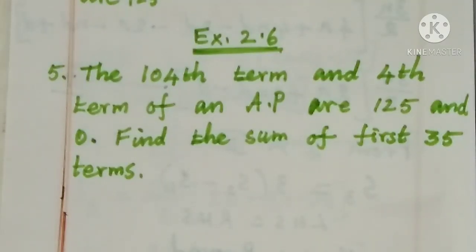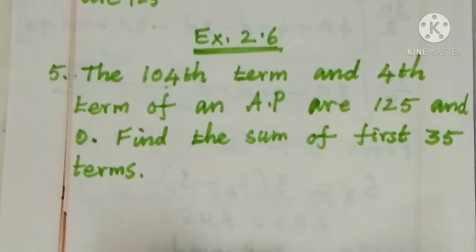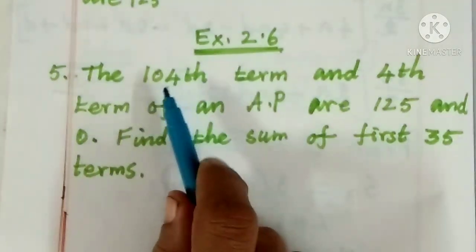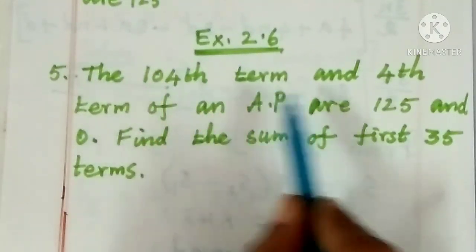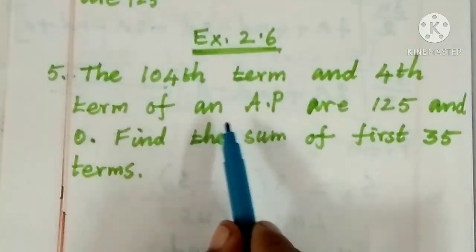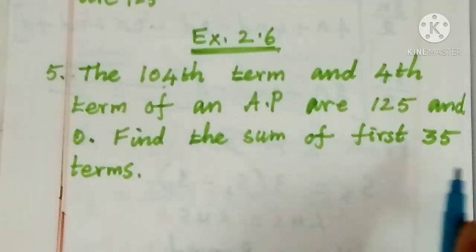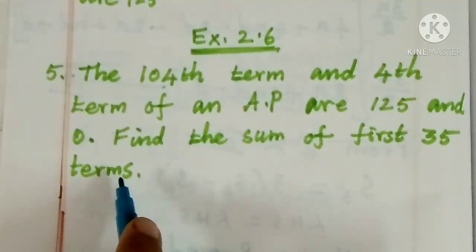Now let us start to do the exercise problems, that is exercise 2.6 fifth sum. See the question. The 104th term and 4th term of an AP are 125 and 0. Find the sum of the first 35 terms.